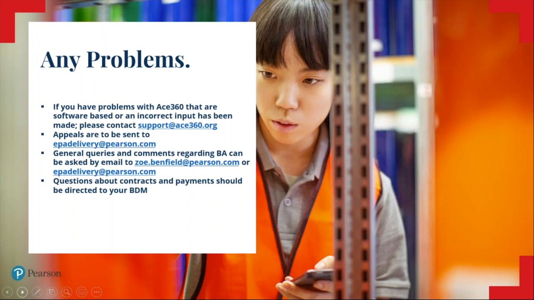Again, if you go to the left-hand side menu, look towards the bottom, there is a magnifying glass, and in the generic documents, there's information about appeals, paper-based invigilation, and other documentation that is relevant to endpoint assessment. General queries and comments can be asked to myself or EPA delivery, and questions about contracts and payments should be directed to your business development manager.